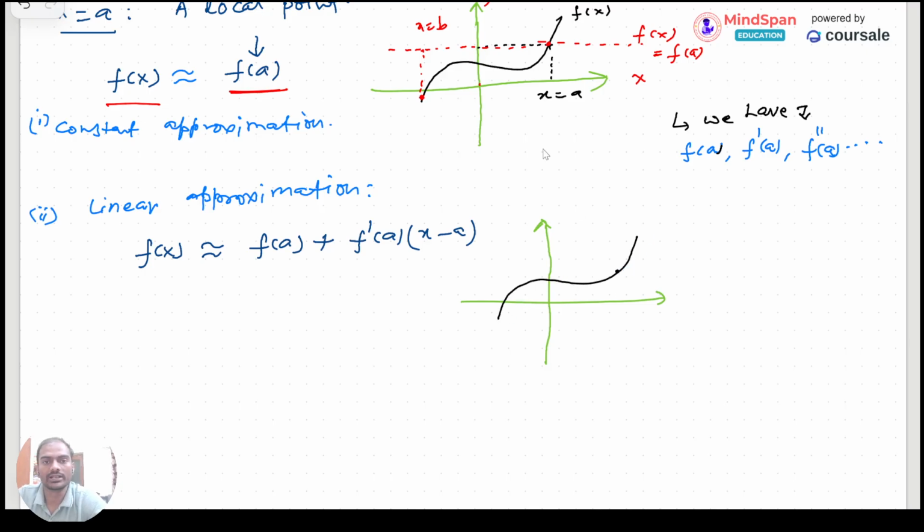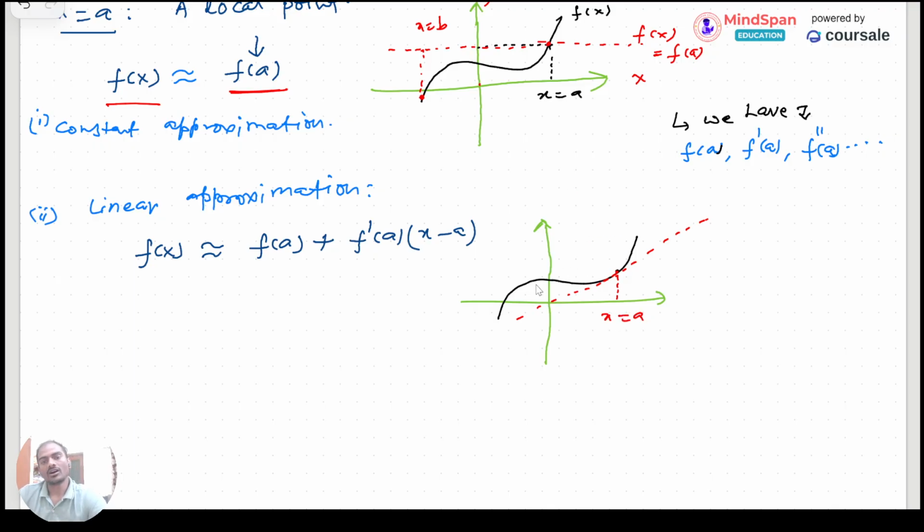And this was our point. First approximation was a constant function f(a). Next, our next approximation is the tangent of this curve at this point. So this is the tangent, right? In one attempt, I drew the tangent properly. That's very nice. This is x equal to a.